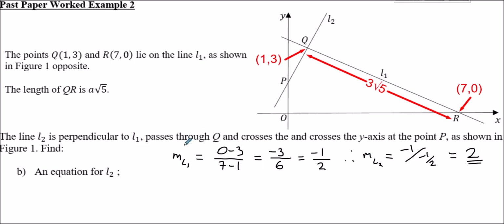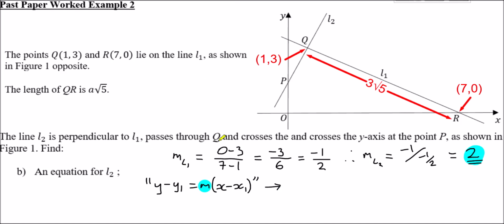We're also told that it passes through Q. So using that, we can use this form of the equation. We can do y minus y1 equals m, brackets, x minus x1. In effect, we could have also done the standard y equals mx plus c. But now we know what the gradient is, the gradient we know is 2 for line L2.